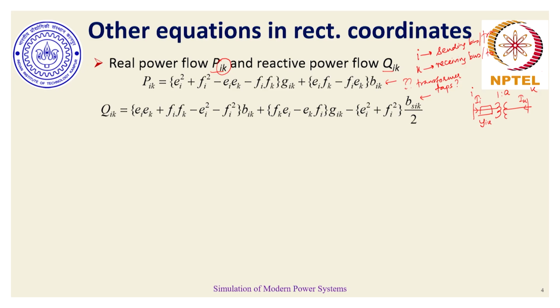In context of those, we can now easily write that Iik, which is the flow of current from bus I to bus K, is nothing but Ii, which is equal to Vi into yik minus Vk into yik by a, where a is the corresponding transformer tap. Similarly, the Iki current would be minus Vi yik by a conjugate plus Vk yik by a square.